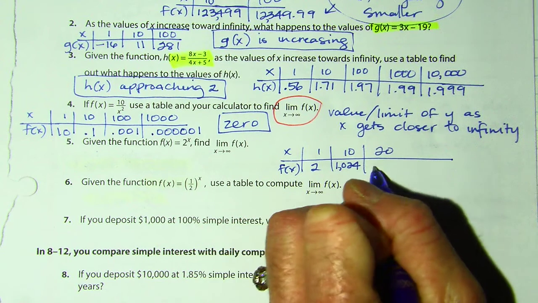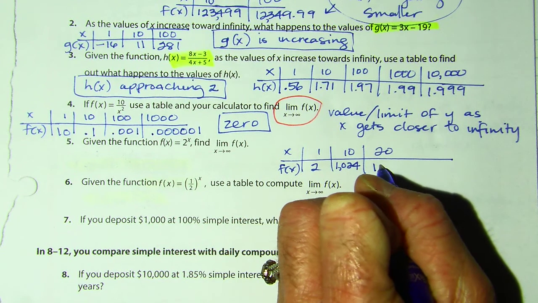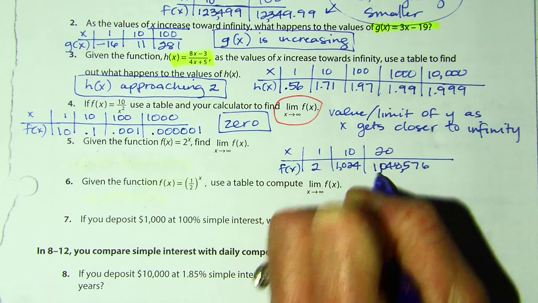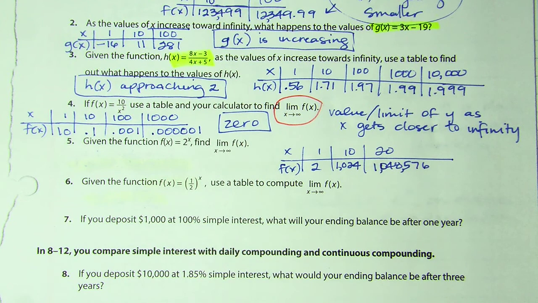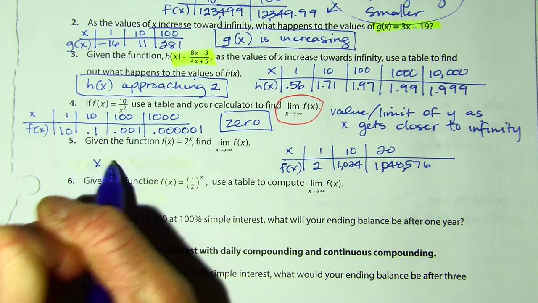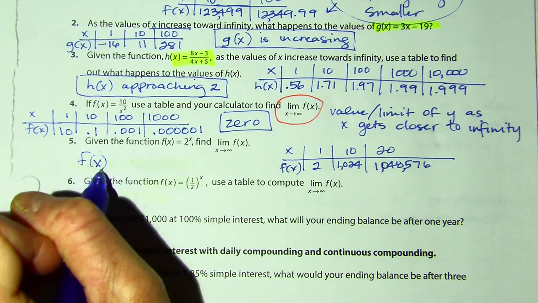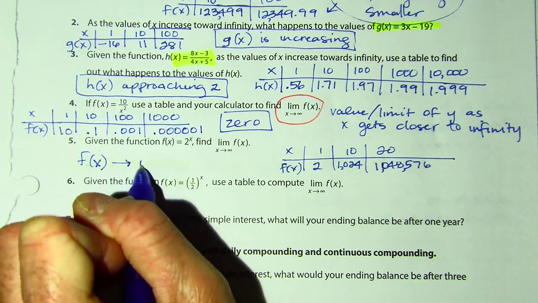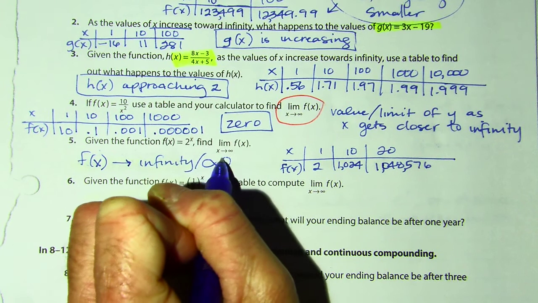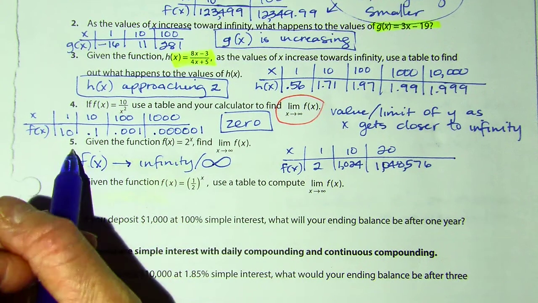Whoa, I got 1,048,576. And it just keeps getting bigger and bigger and bigger. So I would say that f of x is approaching infinity. You could also use the infinity symbol, which is a sideways 8.